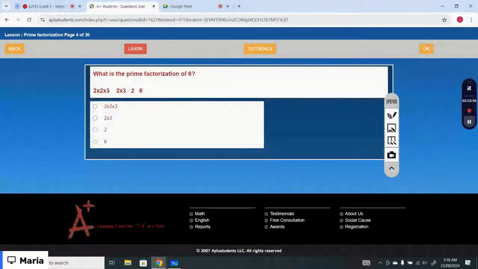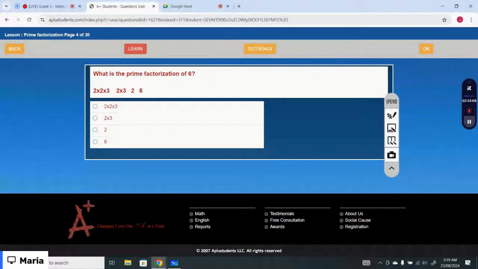What is the prime factor of 6? So, which is the correct option? That is 2 times 3.